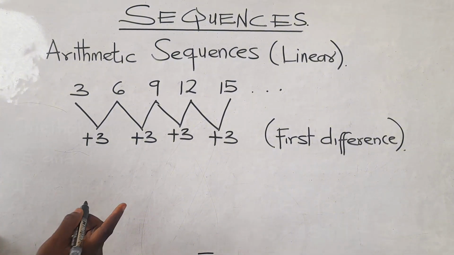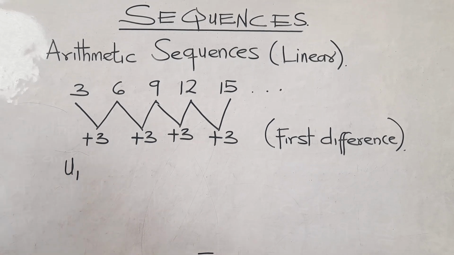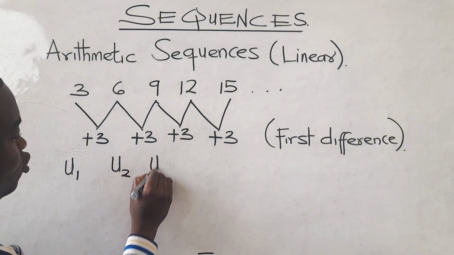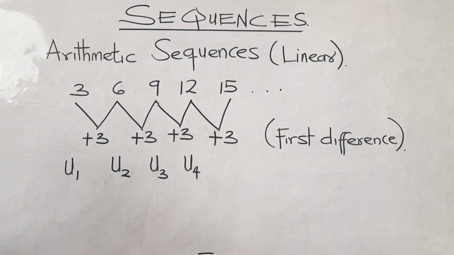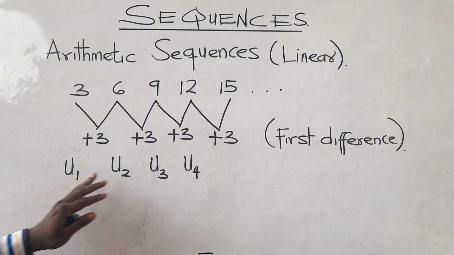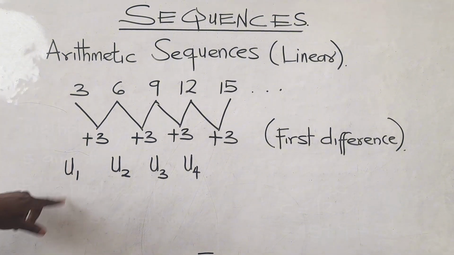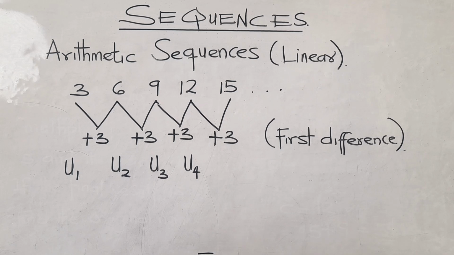In IGCSE, Checkpoint and Cambridge, for the first term we use U subscript 1, the second term U subscript 2, U subscript 3, U subscript 4, and so on. We use this to note the different terms. Some books use T1, T2, T3, as long as we're saying the same thing.